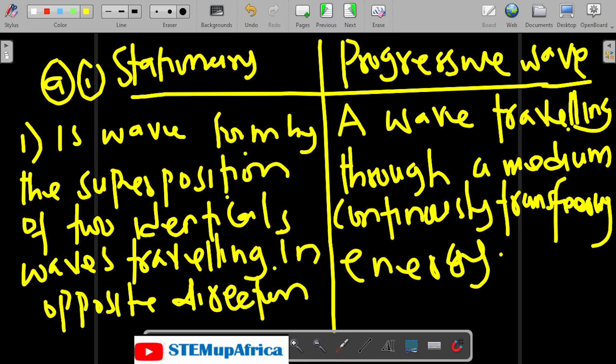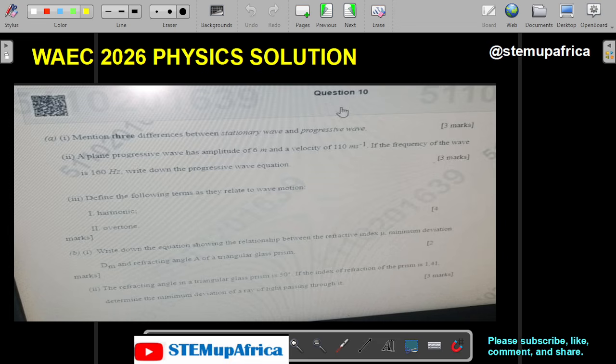So that is one of the differences. You can also use other differences because of time factor. I'm going to stop it here so you can find the other differences.